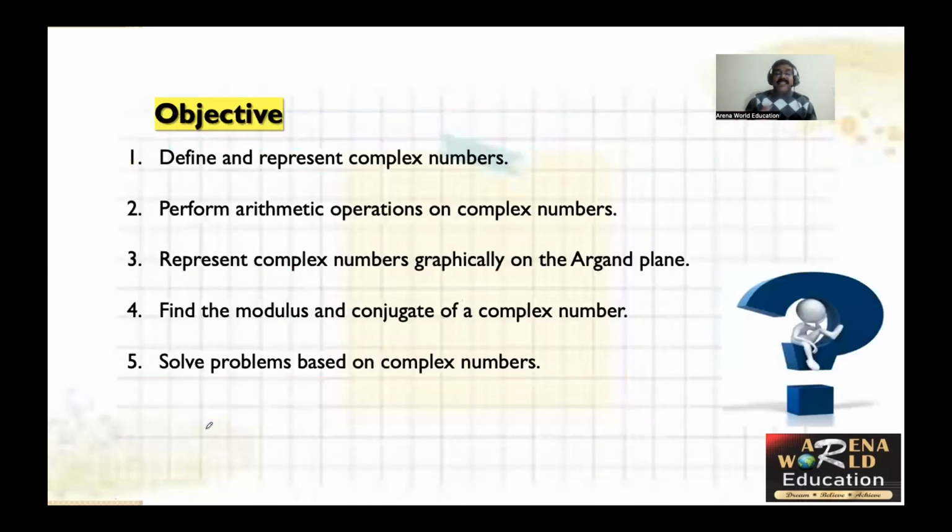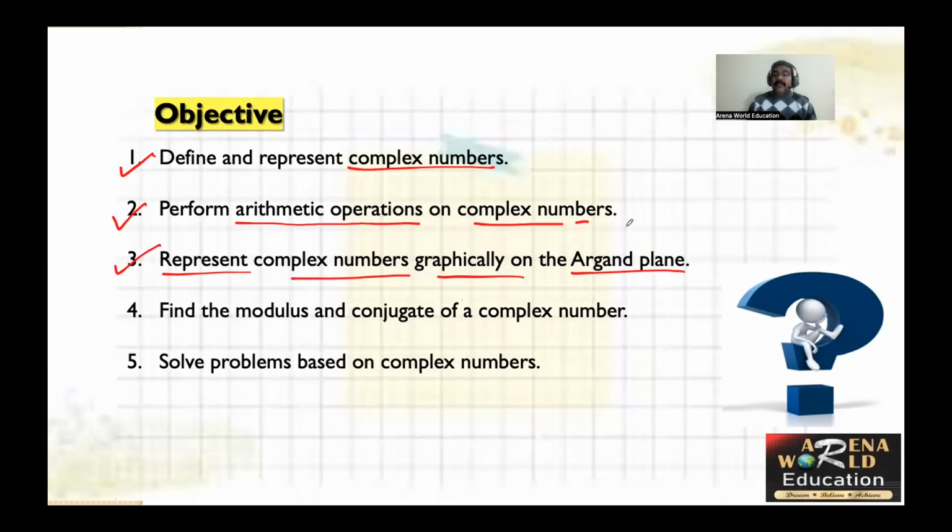So now let us start the session. And these are the objectives of today's session. By the end of this session, you will be able to define and represent complex numbers. You can easily perform arithmetic operations on complex numbers. Then you will be able to represent complex numbers graphically on the Argand plane, right?